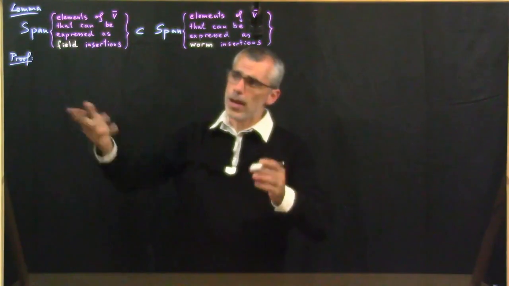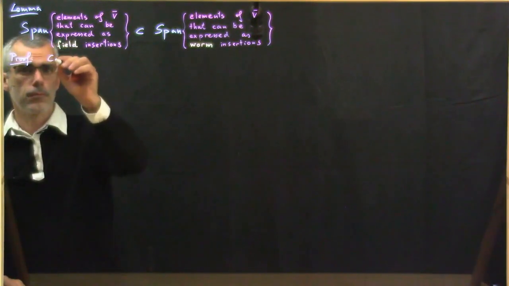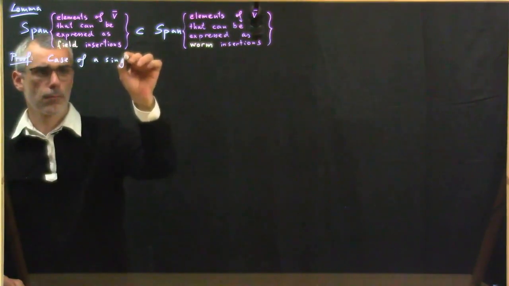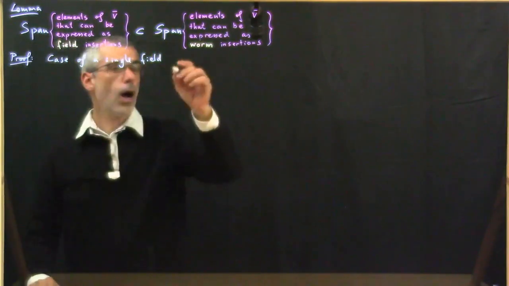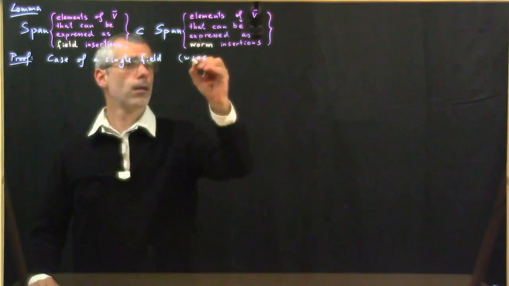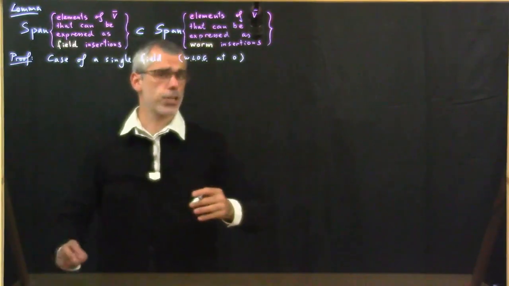For the proof, let me first do the case of a single field, which, without loss of generality, I'm going to assume to be at the origin of the complex plane.